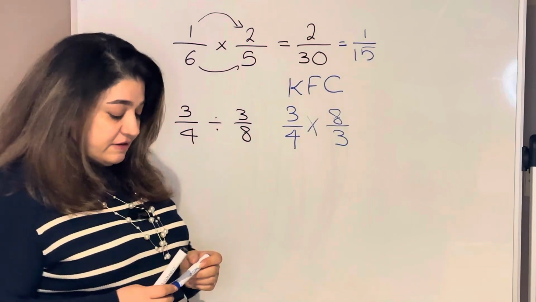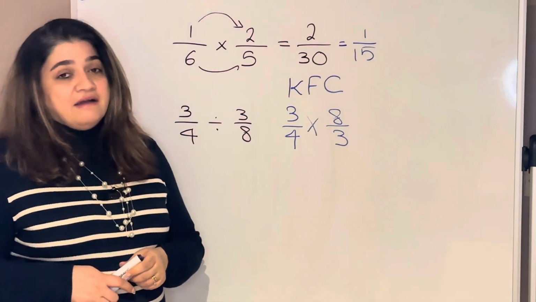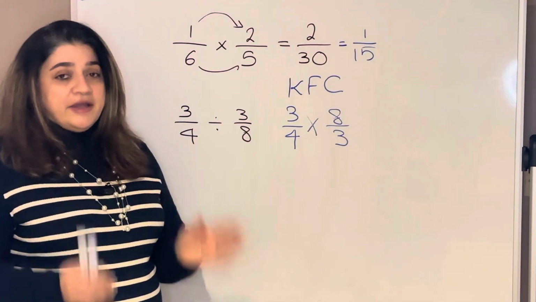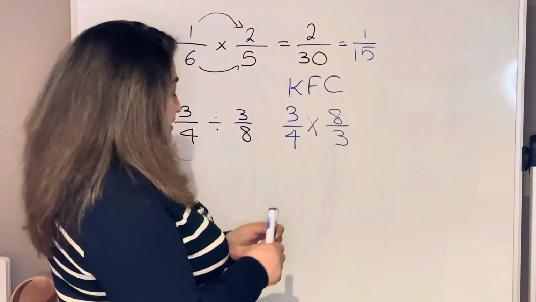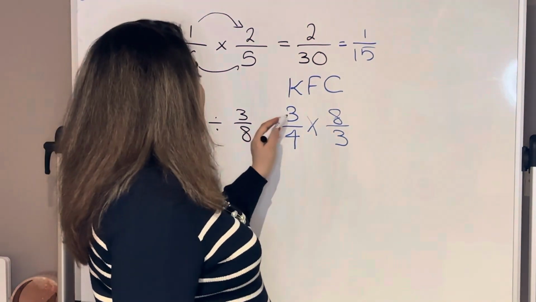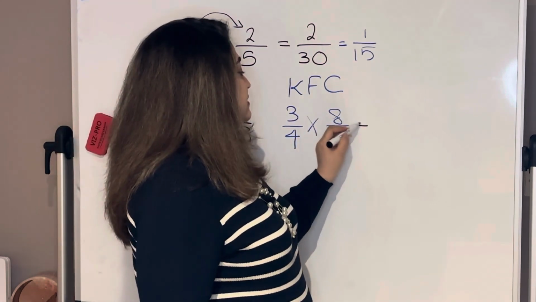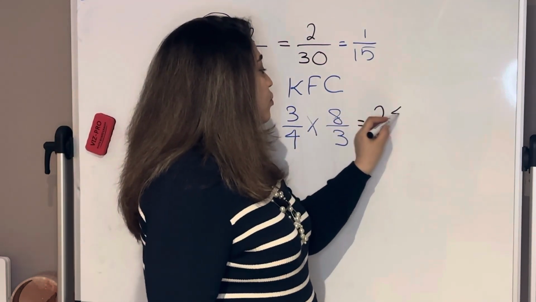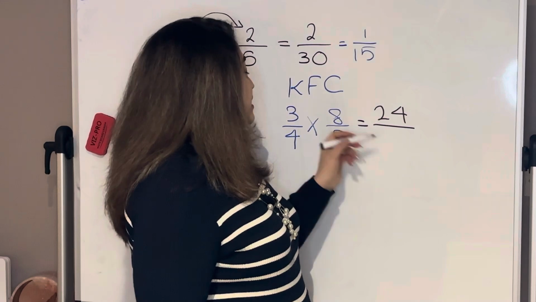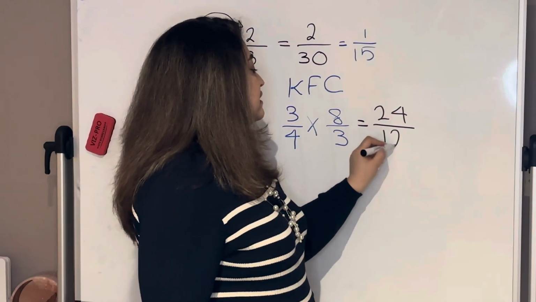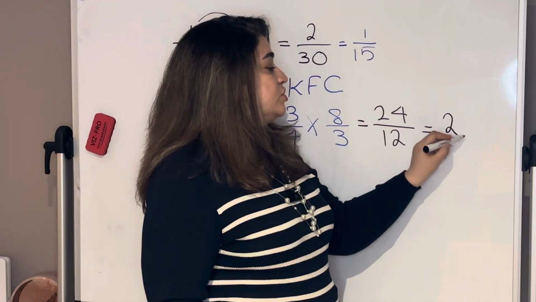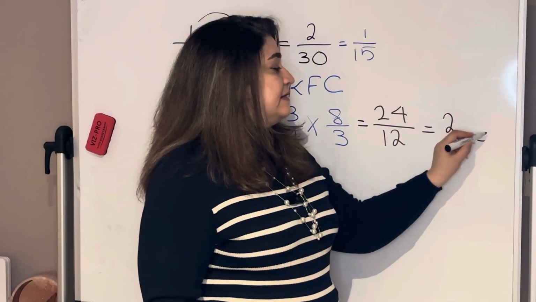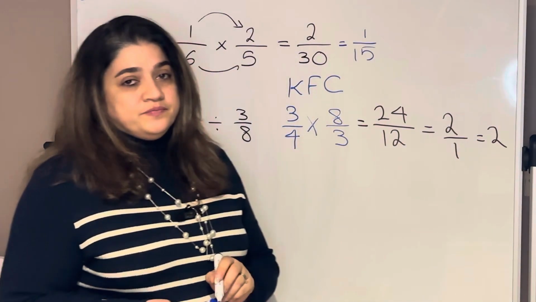So never ever do divide, we have to change divide to times and then do it. So it is 3 times 8 is 24, and then 3 times 4 is 12. If you simplify, you reach 2/1, and it is 2.